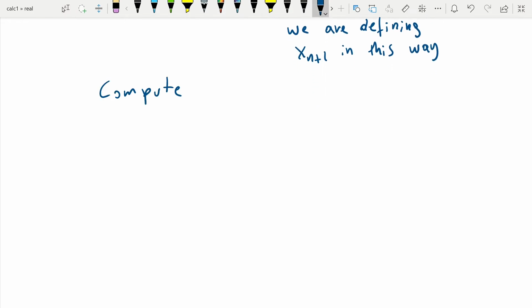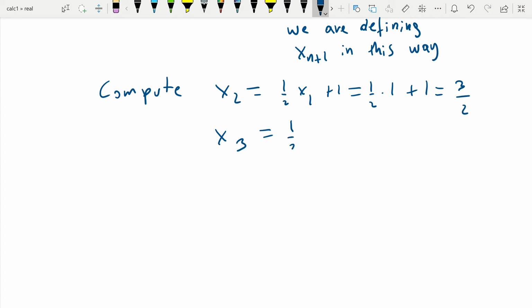Compute x sub 2, which will be just 1/2 of x1 plus 1, but x1 was equal to 1, if you remember, plus 1, and this gives us 3/2. x3 will be 1/2 of x sub 2 now, plus 1, or 1/2 times 3/2 plus 1, and this is equal to 3/4 plus 1, which is equal to 7/4.